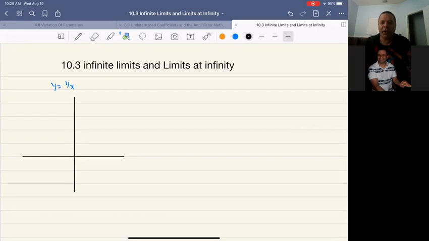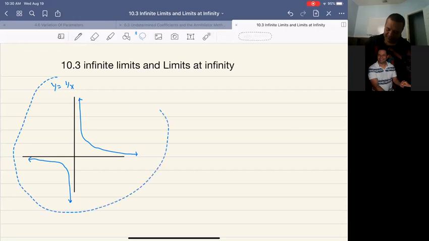If we look at y equals 1 over x, this looks like so. Now a couple of things I want to point out, the different limits that are going on here.